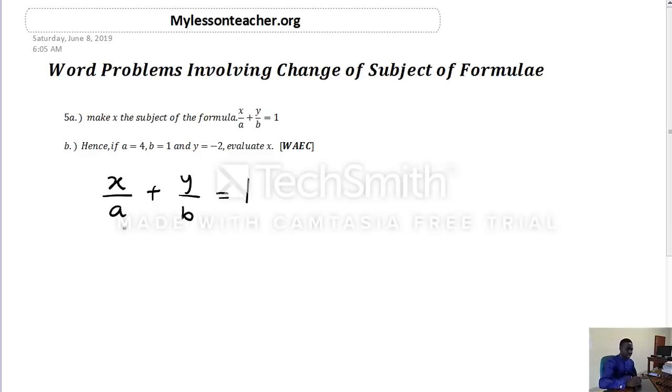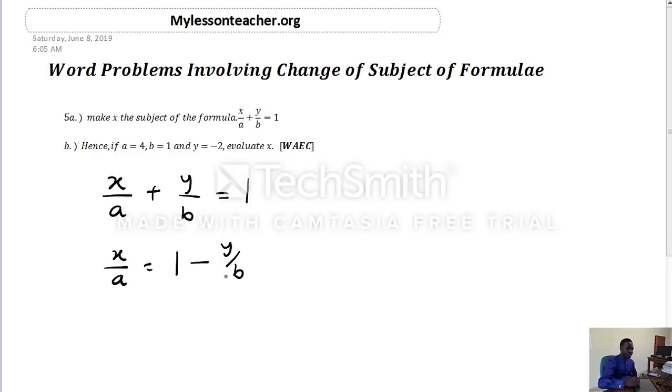First, I'm going to move the second term to the other side of the equation and simplify, leaving me with x over a is equal to 1 minus y over b.